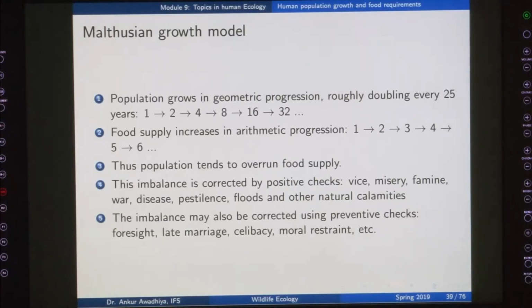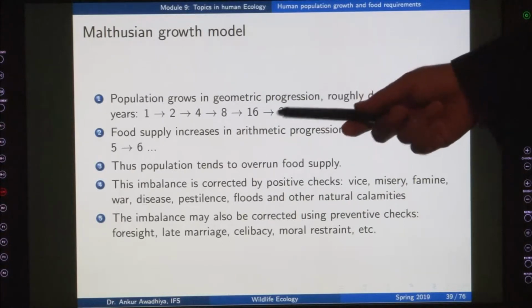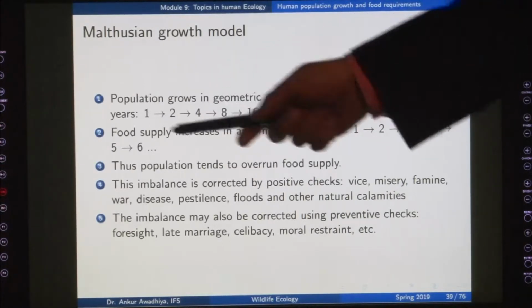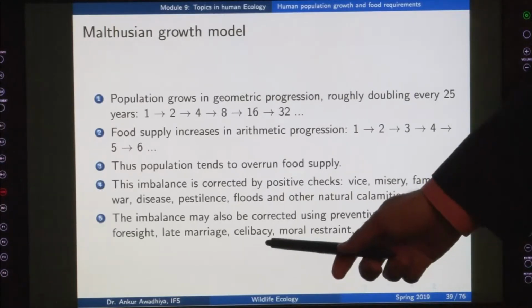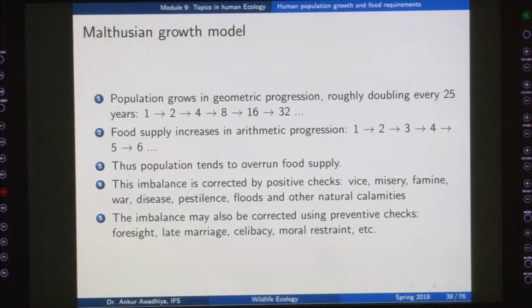So, essentially he said that even though nature's plan is that we are going to increase our population in a geometric progression, as human beings we can use our foresight, or there could be some individuals who can let go of producing offsprings. So, they are not producing any offsprings, they are living a celibate life, or there could be people who would opt for a late marriage.